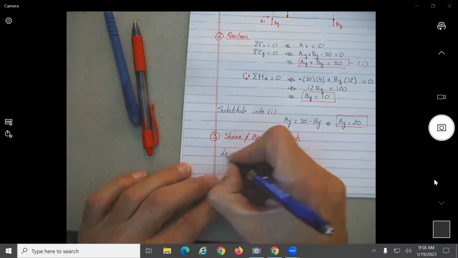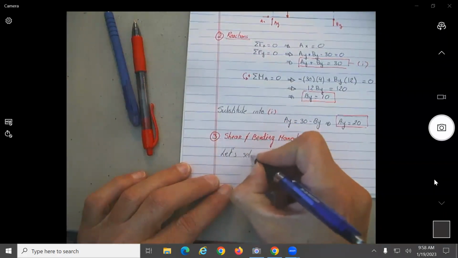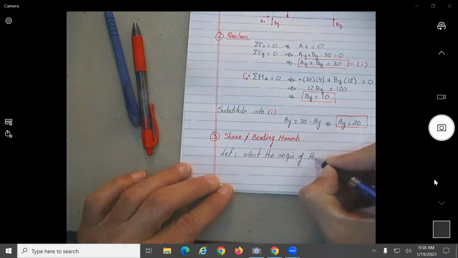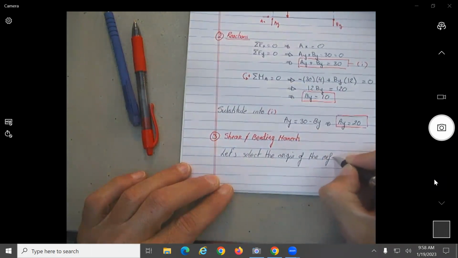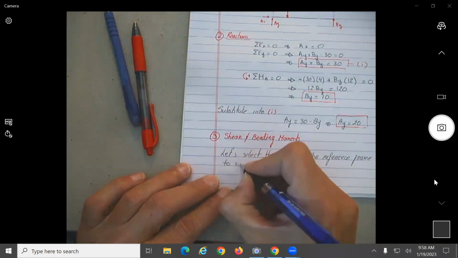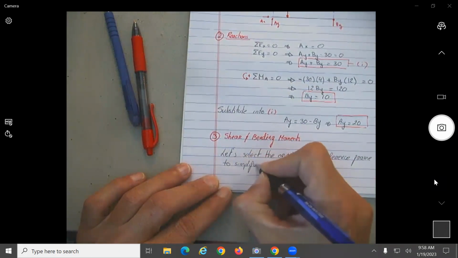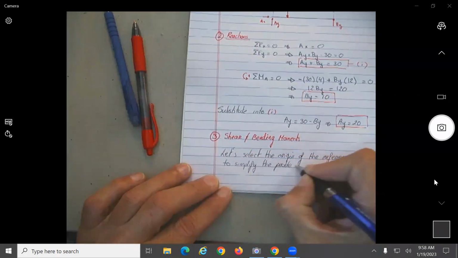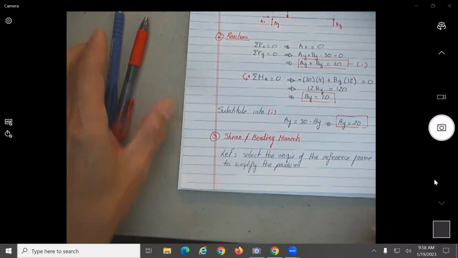So let's select the origin of the reference frame at point B, to simplify the problem.